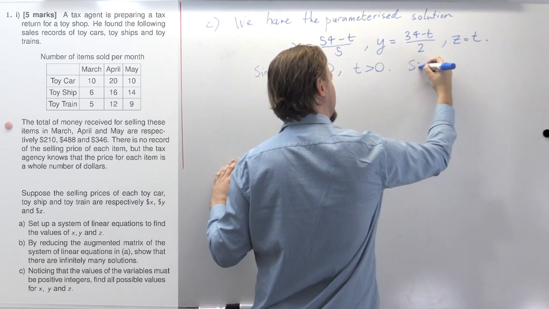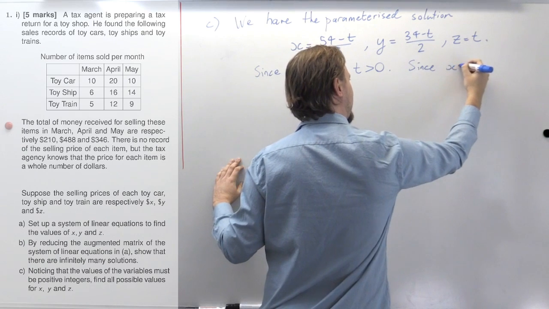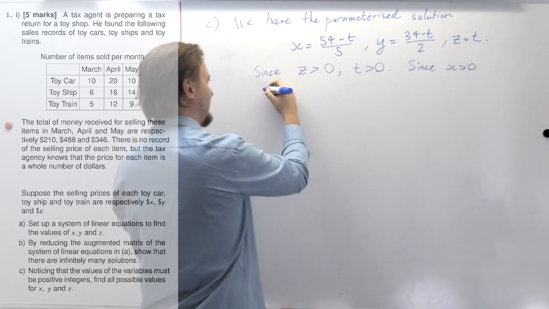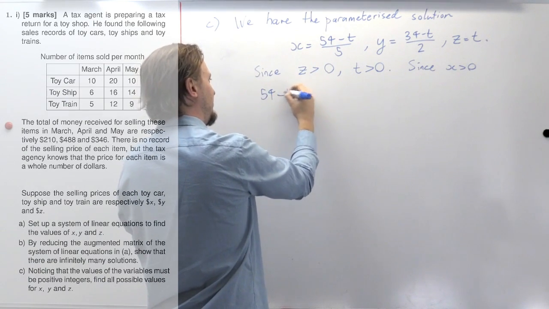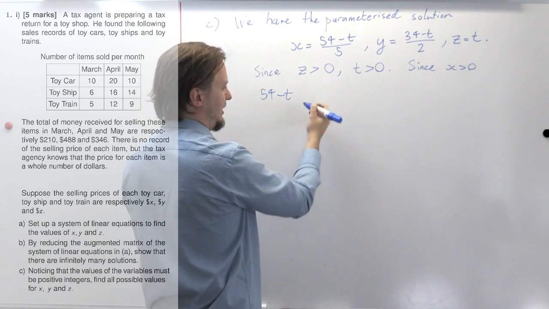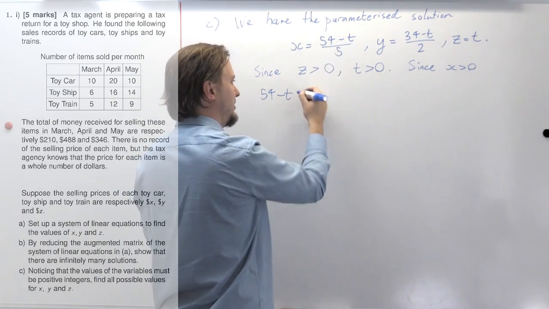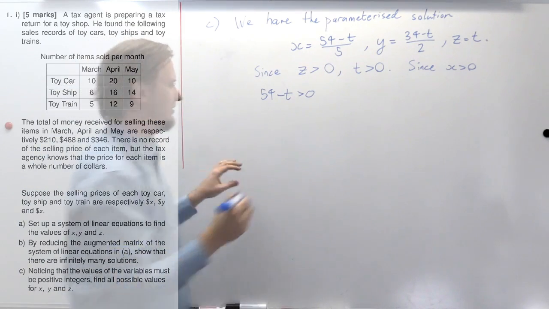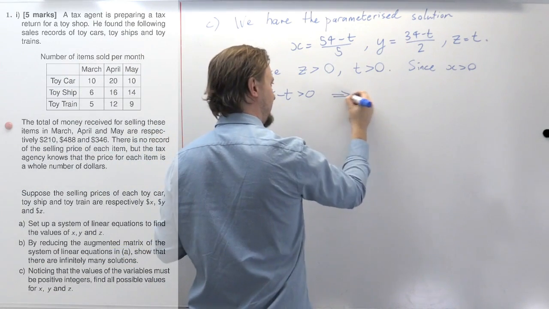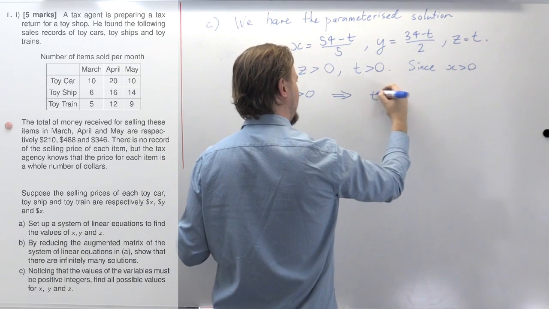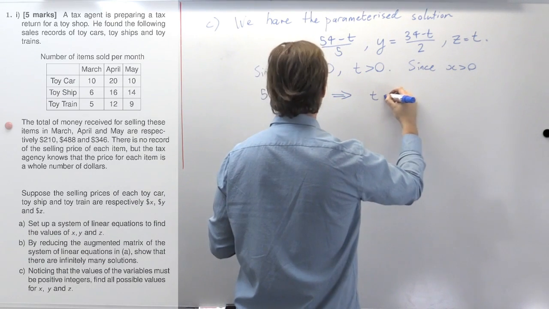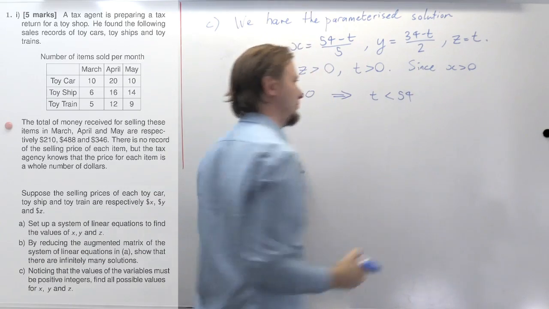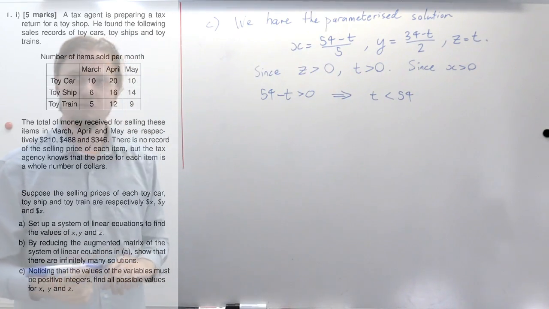What do we have? Since x is greater than 0, that gives us that 54 minus t, over 5, I'm just going to say this number on top had better be positive. It has to be greater than 0. And that's quite nice because that implies that t is less than 54. So t can't go beyond 54.